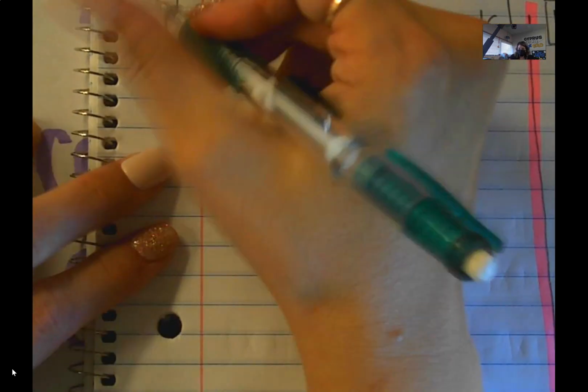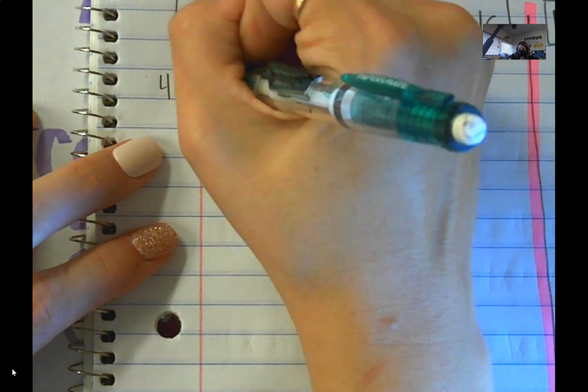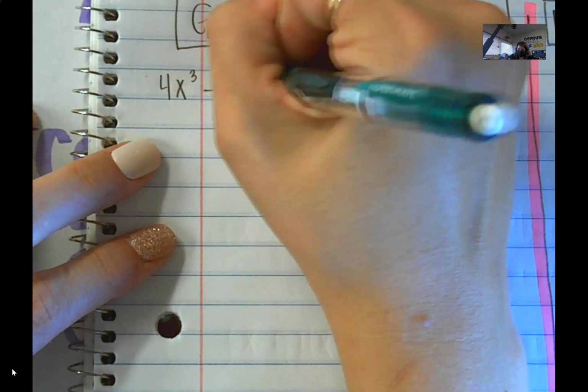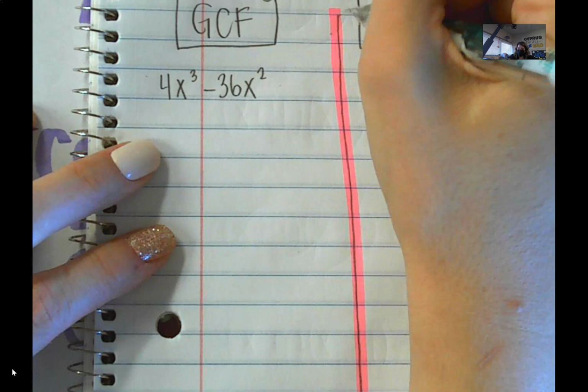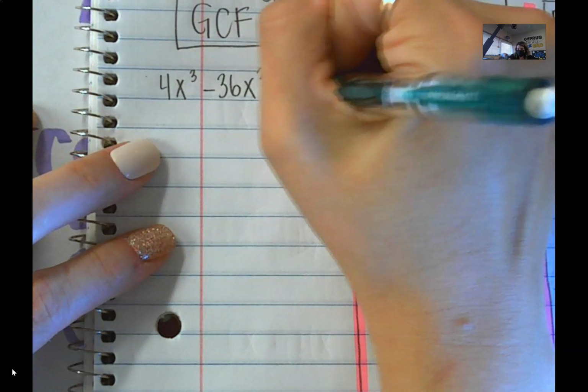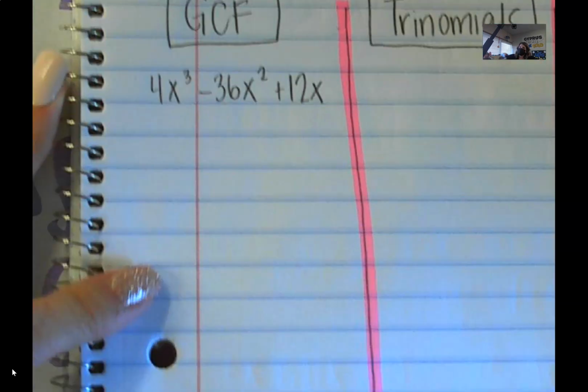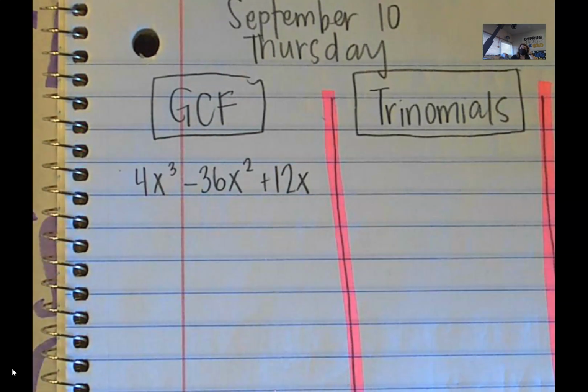Let's do 4x cubed minus 36x squared plus 12x. So when you GCF factor, the first thing that you do is look to see if there are any numbers on the front.